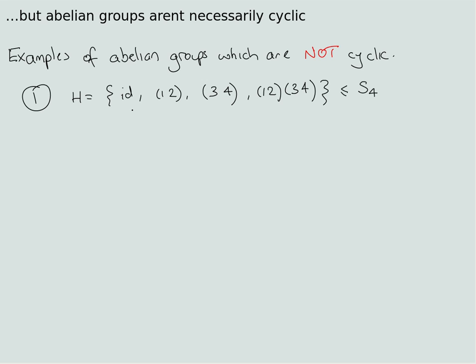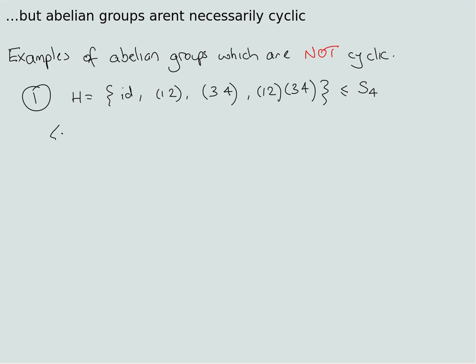Okay, I hope you did that. Let's now check that this thing is not cyclic. I'm claiming this is not a cyclic group. To be cyclic, you have to have the property that one of your elements is a generator. So it would have to be the case that the cyclic subgroup generated by one of these elements was equal to all of H. To check that that's not the case, we're just going to look at each of the cyclic subgroups generated by an element of H in turn.